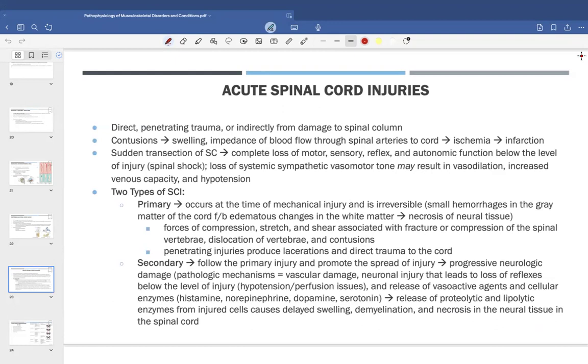And it is a small area. And so you can have cord compression from an expanding hematoma. When we talked about epidural hematomas and subdural hematomas in the brain, do you remember that? Well, guess what? Same thing can happen in the spinal column itself.